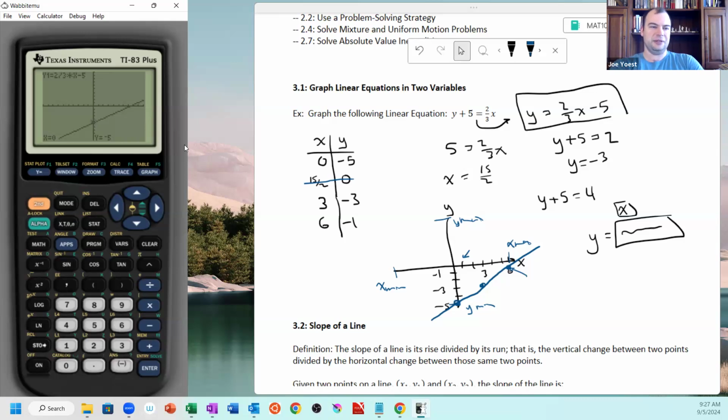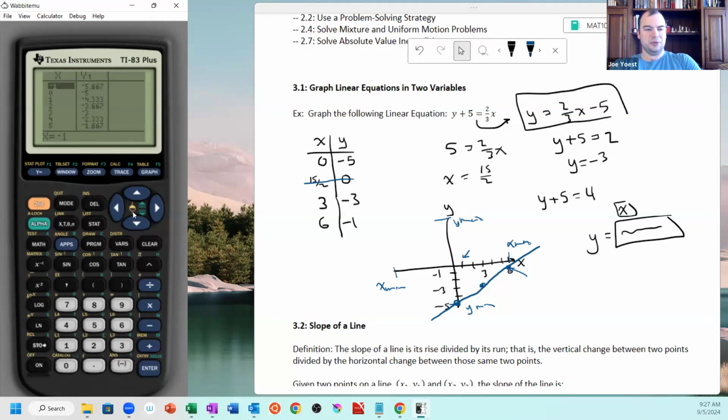How the TI-83 decides which points to go to, I'm not exactly sure. But if I want nice points, typically what I'll do is above graph, I see the word table. That's in yellow, so that corresponds to a second operation, almost like holding a shift key. So if I hit second graph, that will bring up a table.